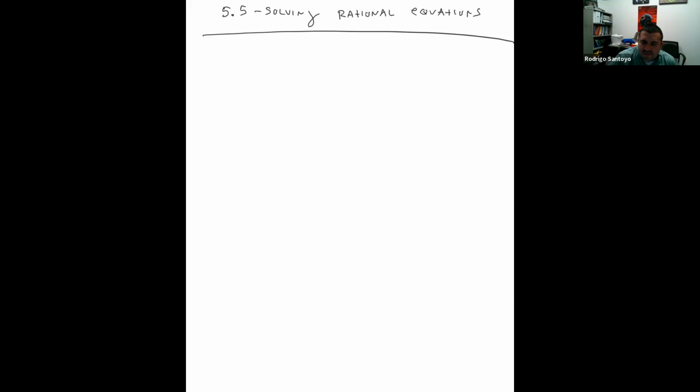So, some things that we want to note in regards to solving these rational equations. Your first goal here, when solving them, I would suggest, is to factor your denominators.